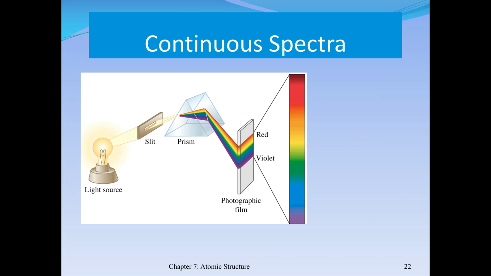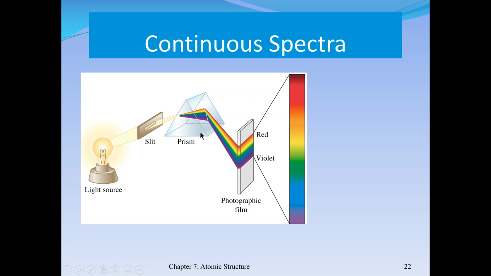Now, let's talk about what is known as the continuous spectrum, which is that narrow band of the electromagnetic spectrum that we talked about. We can actually produce that if we have this kind of setup here. So what we have here is the light source, which produces light, which is converted into a beam using this slit right here. And then it hits upon this prism here.